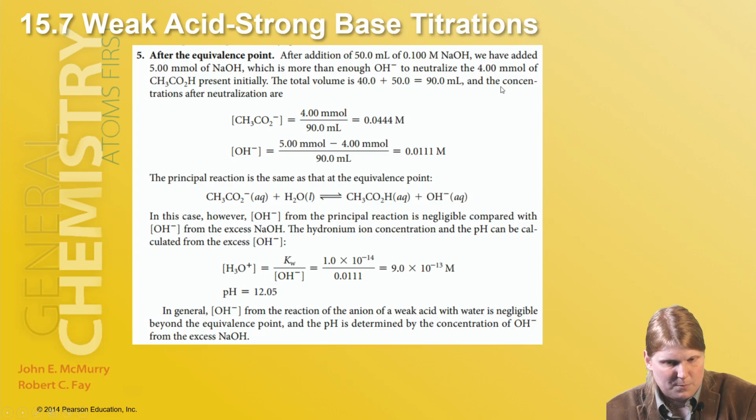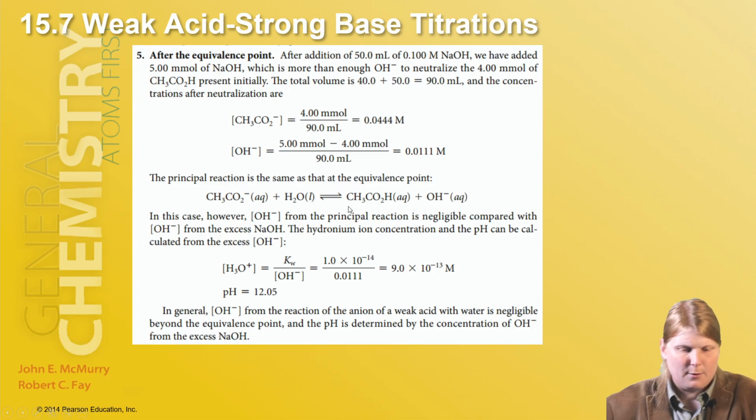After the equivalence point, at this point we have this weak base present. It's all neutralized, and now we have more hydroxide present. So we will have to somehow account for that. The hydronium ion concentration and the pH can be calculated from the excess. The contribution from the principal reaction is negligible compared to the hydroxide ion added.